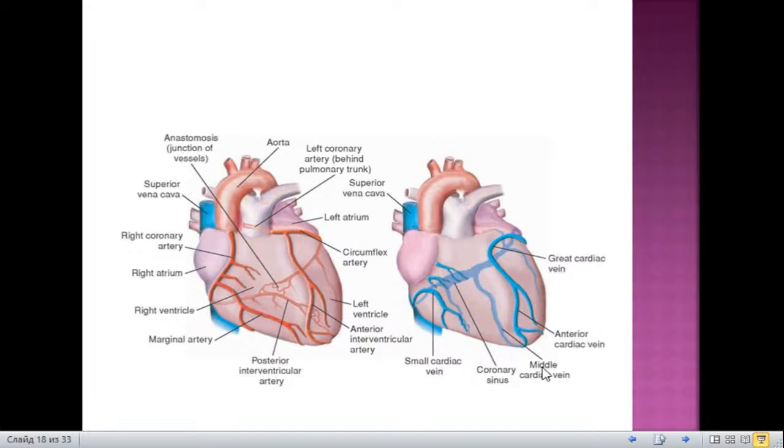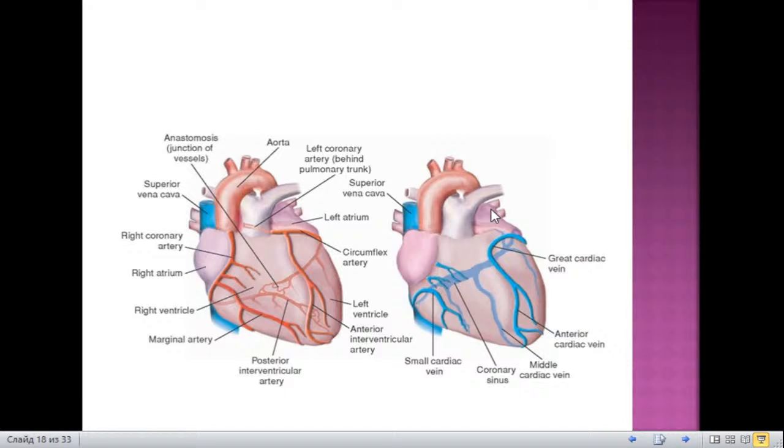And also we have the posterior vein of the left ventricle, which follows the left marginal artery and drains into the coronary sinus. It is not shown here, but we have the oblique vein of the left atrium. It has no arterial analogy, but it drains into the coronary sinus.